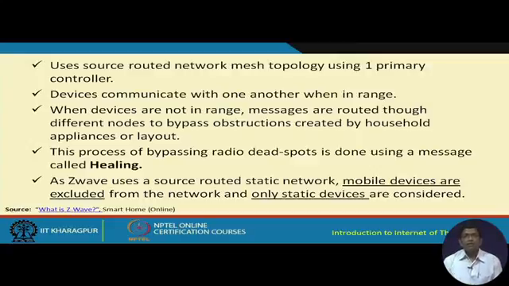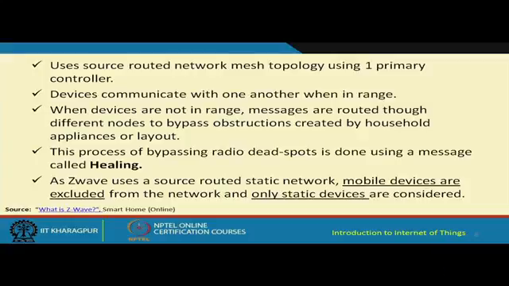The devices communicate with one another when they are in range. When the devices are not in range, as I was showing you using those red colored Z-Wave nodes in the previous figure, the messages are routed through different nodes to bypass the obstructions that are created by household appliances or layout.